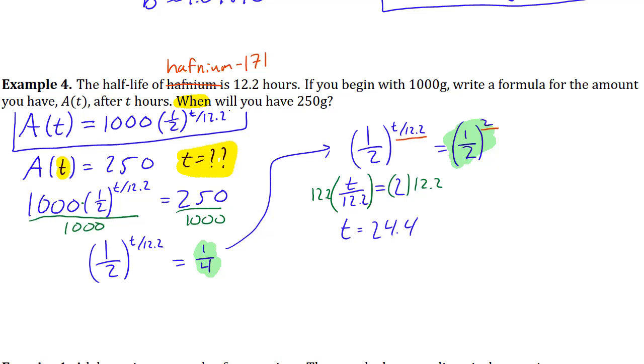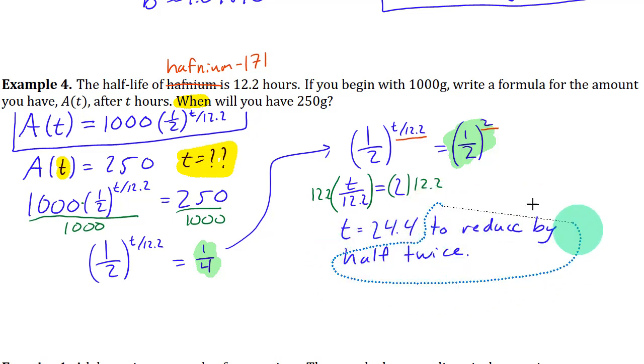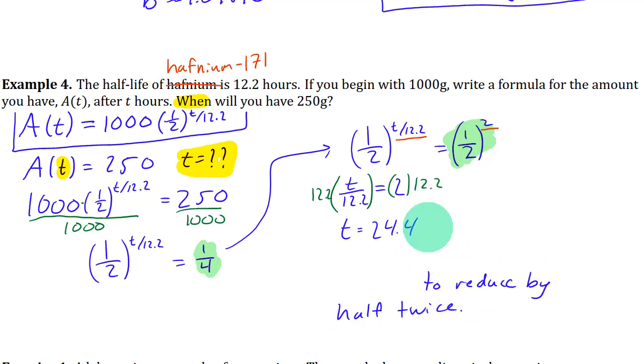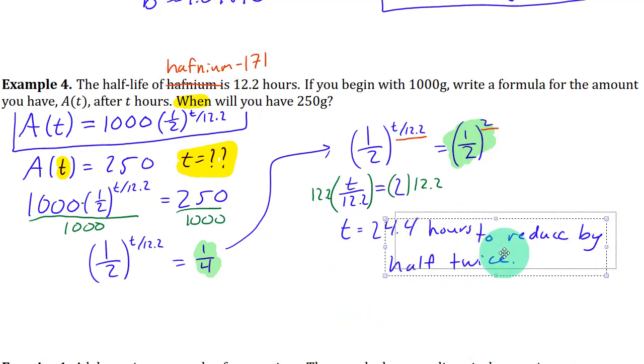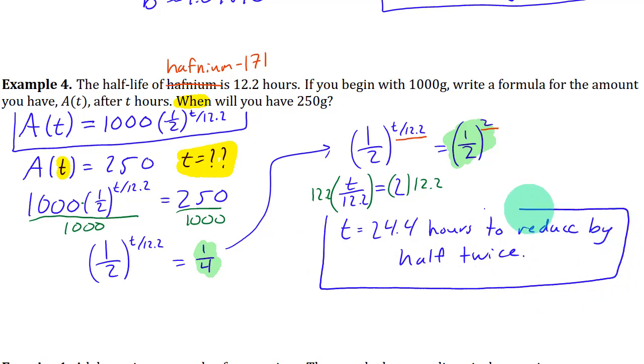So maybe that makes sense. I should be including units here, which I always say, but I forgot to do. That's 24.4 hours. Okay. So there's the answer to that question.